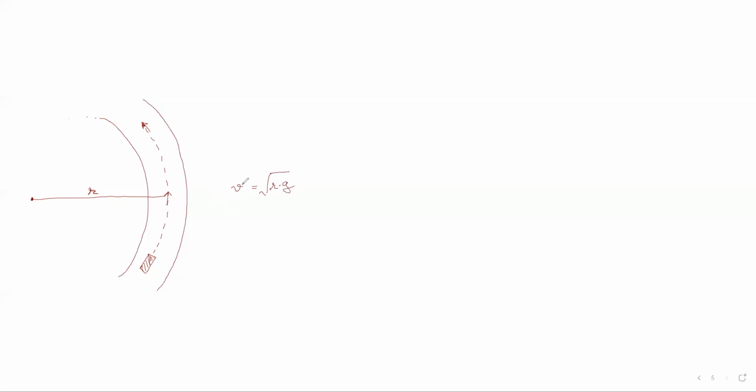So if I want to increase the allowed velocity for this vehicle, there are two ways. First, increase the radius of curvature of this road, meaning instead of having a more curved road, we should have a flatter road. The radius will be larger. Or we have to increase the acceleration due to gravity, which is absolutely not possible. We do not have any control on the parameter g.